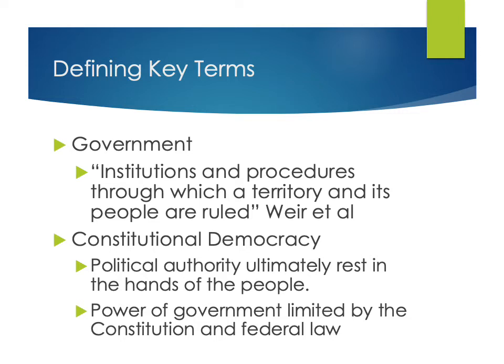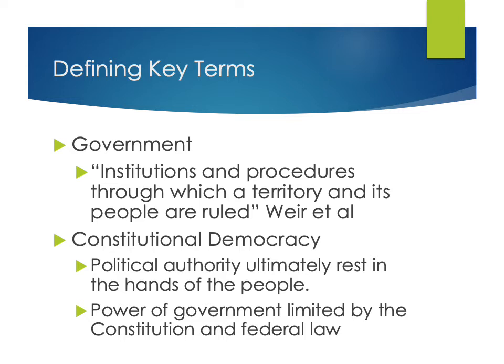And so a constitutionally based government is one where the powers of the government are limited by the Constitution and federal law, just as the people in that government are subject to the rule of law. So is the government itself, and the government is limited by the powers that are granted to it in the Constitution.